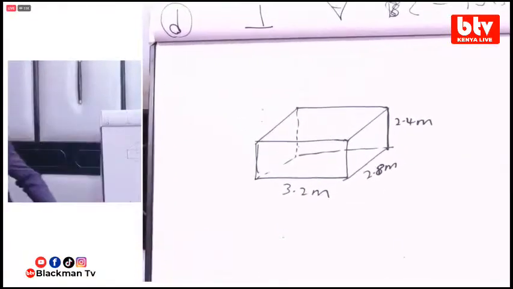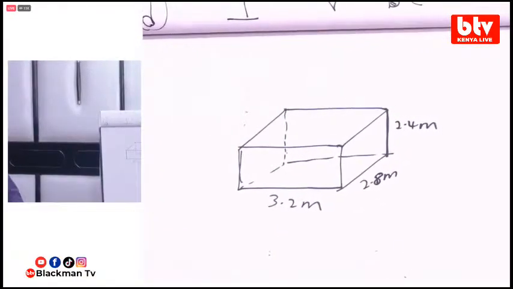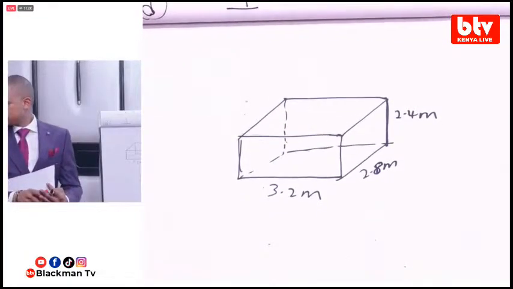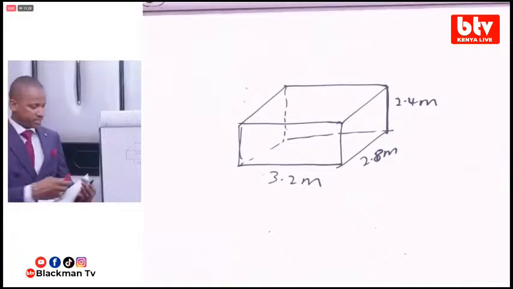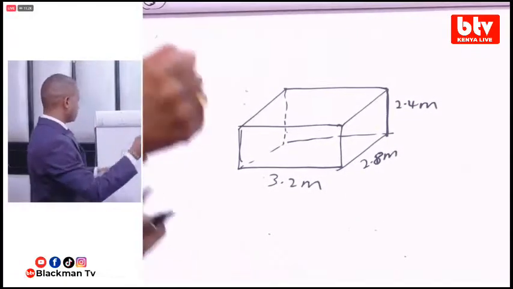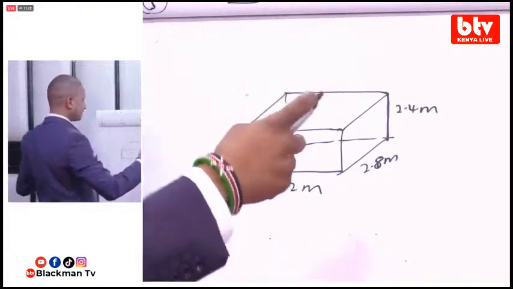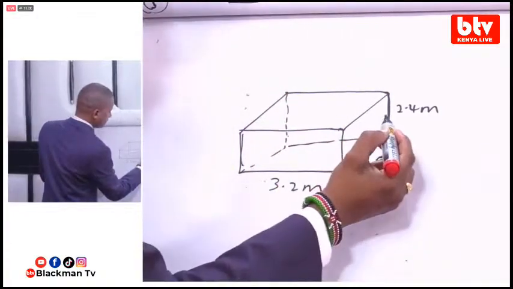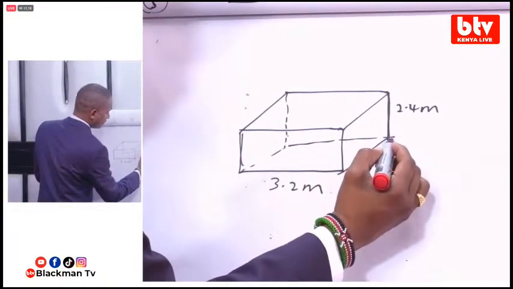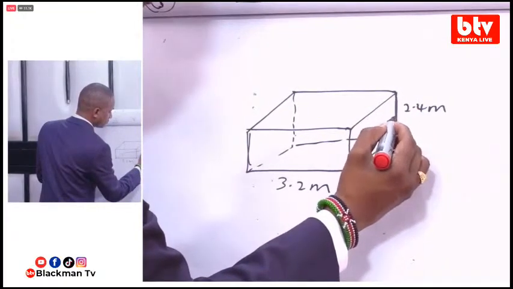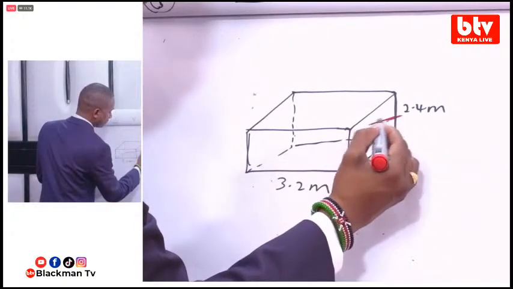So let me change the pen. I want red. So it contains water up to 1.8 meters. If the height is 2.4, then it contains water up to that level.